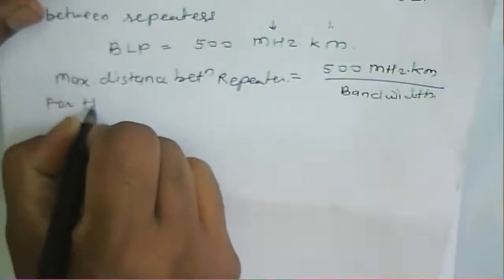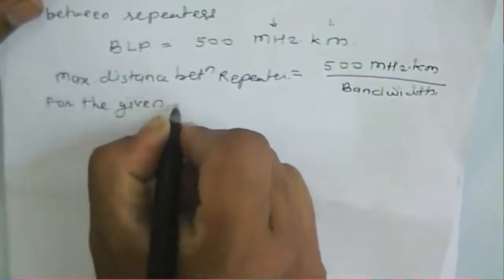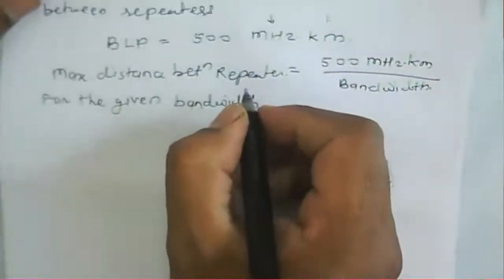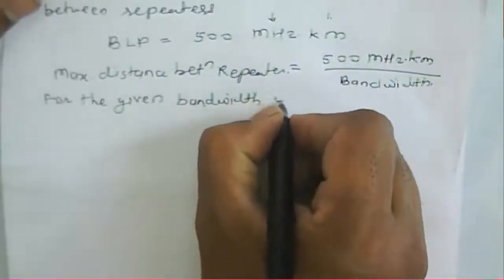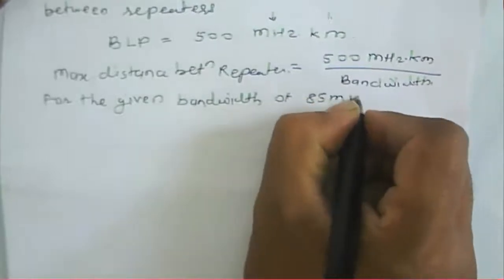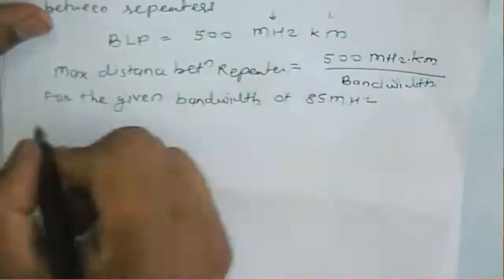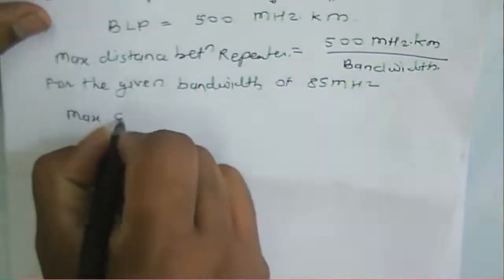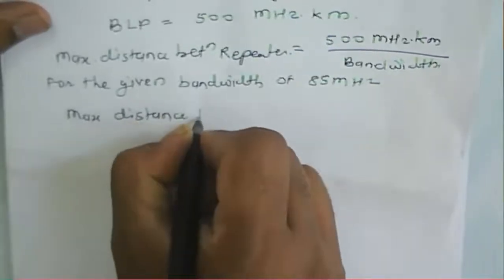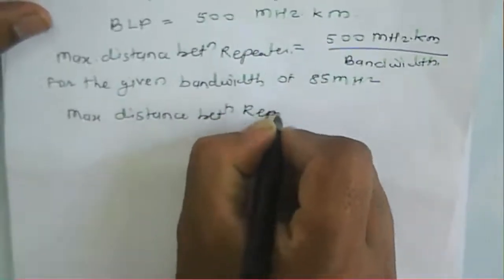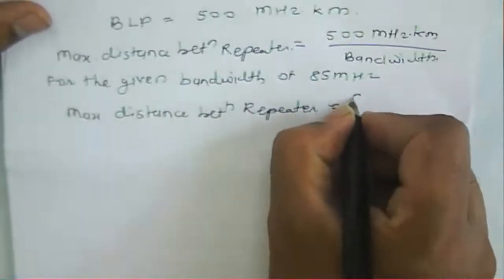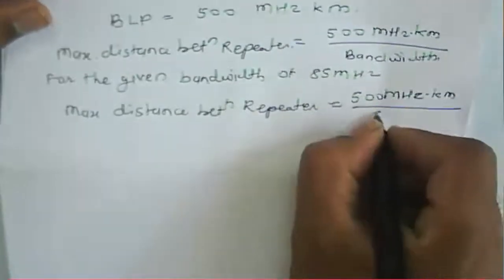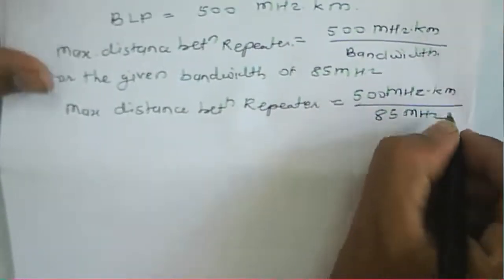For the given bandwidth of 85 megahertz, the maximum distance between repeaters is equal to 500 megahertz into kilometer divided by 85 megahertz.